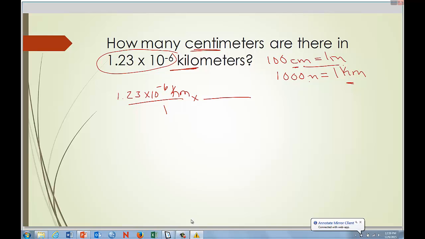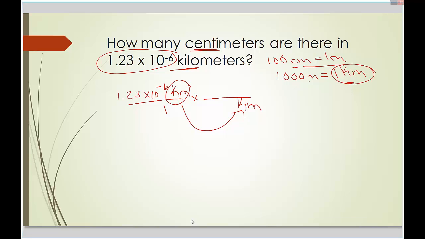We have kilometers on the top. Let's put kilometers on the bottom of the next one. So we look for kilometers in our conversion factors, and the bottom one is our conversion factor we're going to use because that's where the km is. Notice the 1 is next to km, so that's how I know to put the 1 there. That equals 1,000 meters, so that's going to be put on top.